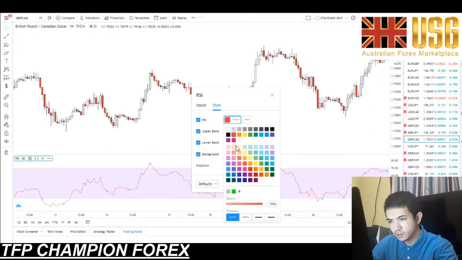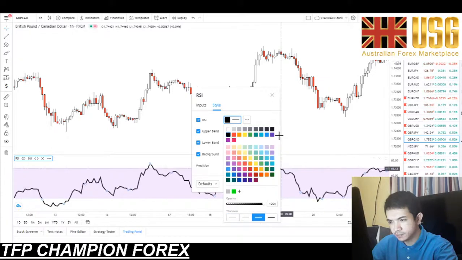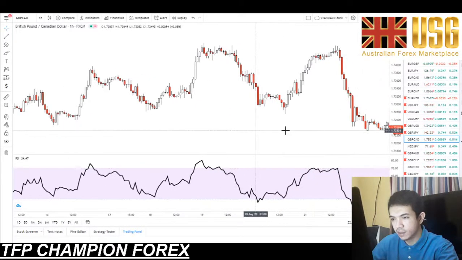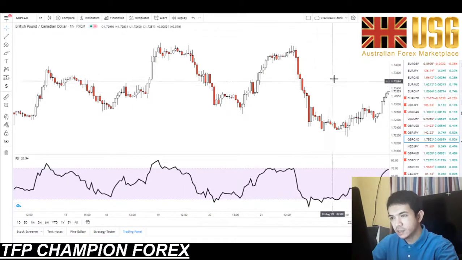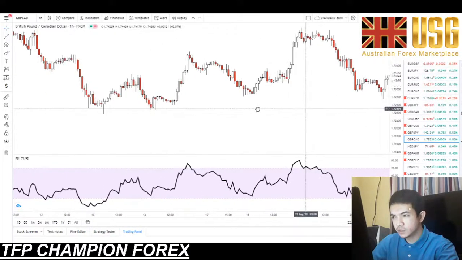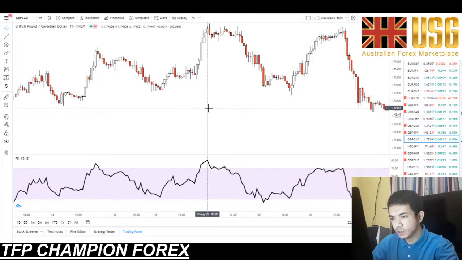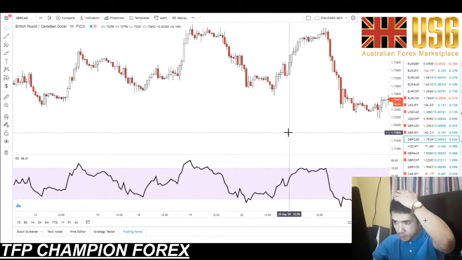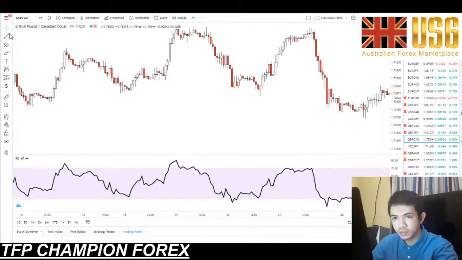Not really, black is better, right? So just change the thickness, so we can easily identify divergence. All right, so we should spot a bullish divergence. I saw one example.